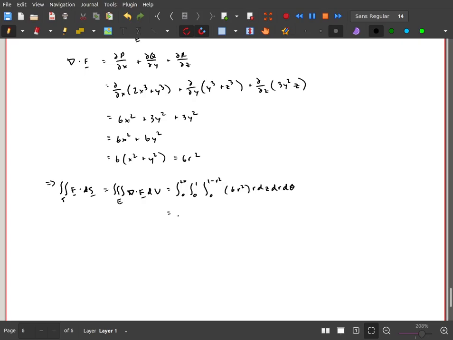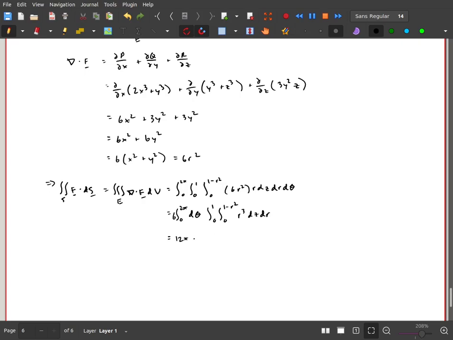There's no dependency on theta, so we can bring that out, and then we'll be left with this right here. We'll factor out the 6 as well, because that's just a constant. So I have r cubed dz dr, and that will be 12 pi out there.